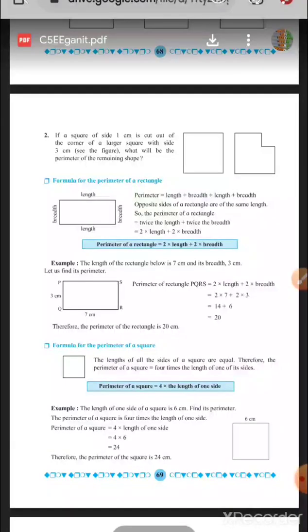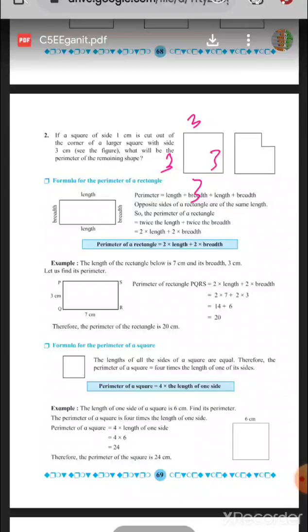Question number 2. If a square of side 1 centimeter is cut out of the corner of a larger square with side 3 centimeter, what will be the perimeter of the remaining shape? Here the side of a square is given. This is 3 centimeter, 3 centimeter, 3 centimeter and 3 centimeter.